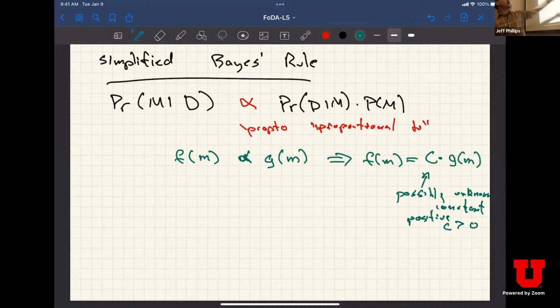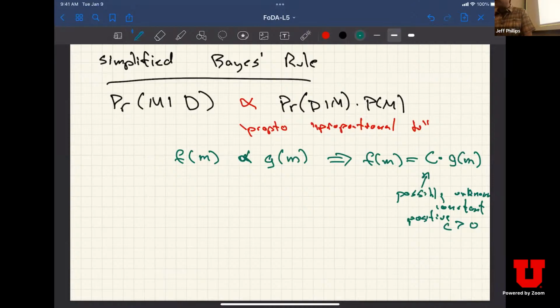This does not include an additive constant. An additive constant would also allow me to take an argmax, but I would have to keep it around with this notation. It would be nice if there was another notation that handled that, but this is much more standard, just to say something is proportional to something else.